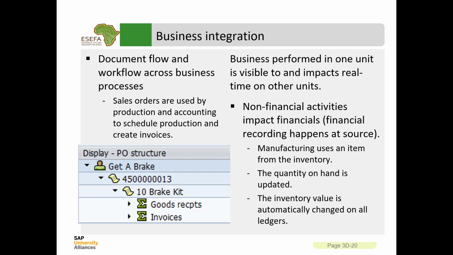Also, non-financial activities impact financial activities. For example, manufacturing uses an item from the inventory. We went to the store and we picked a particular inventory, and the warehouse manager updated it. There's a financial implication to that. So the value of inventory has reduced. The naira equivalent of that has reduced. So the quantity on hand is updated. Inventory value is automatically changed in all the ledgers because that product has been moved to production.